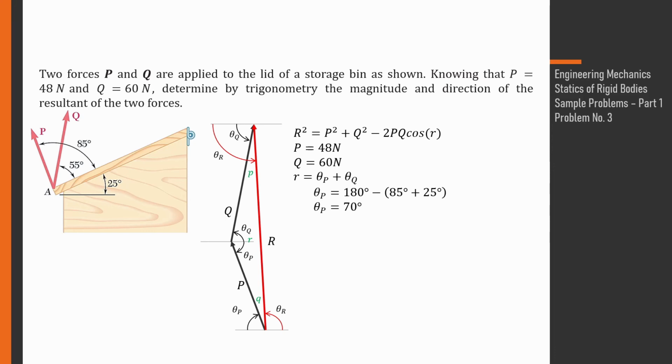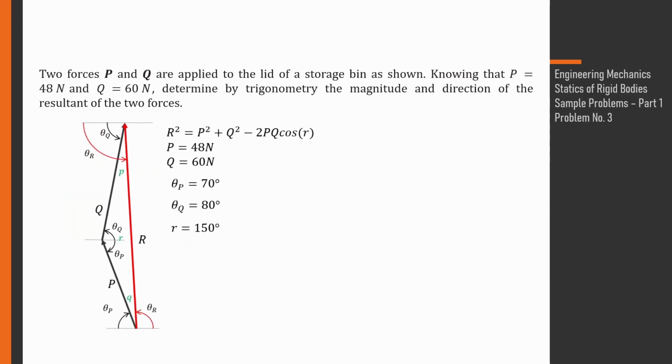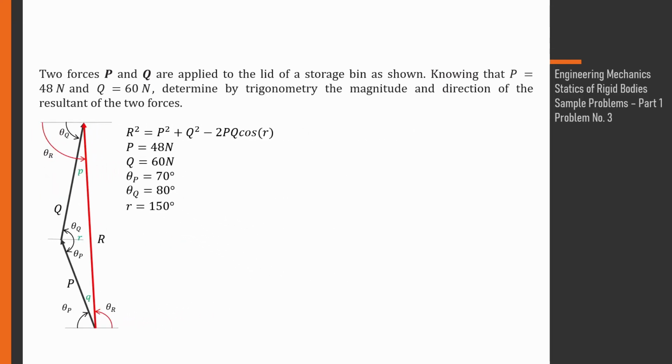Therefore, theta P is equal to 70 degrees. Next is theta Q, which from the figure is 25 plus 55 degrees. Therefore, theta Q is equal to 80 degrees. Then the angle R is equal to theta P, which is 70 degrees, plus theta Q, which is 80 degrees. Therefore, angle R is equal to 150 degrees. So I think we have all we need.